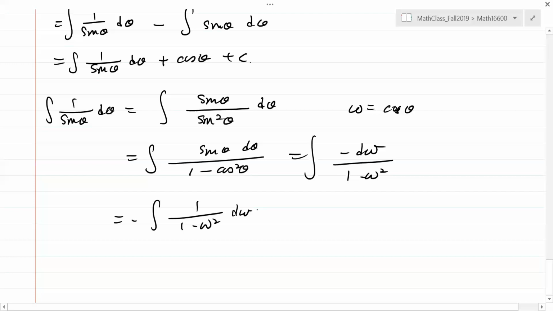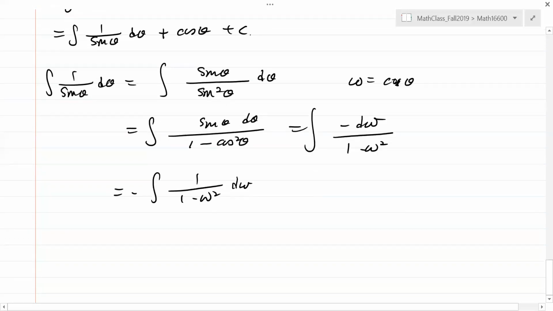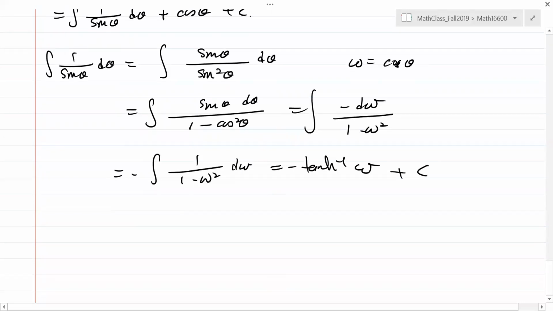Now, if you don't have the formula, this is arctangent, if I'm correct, plus a constant. You can also find it using 1 minus w squared, which gives negative, it's going to be w squared minus 1.